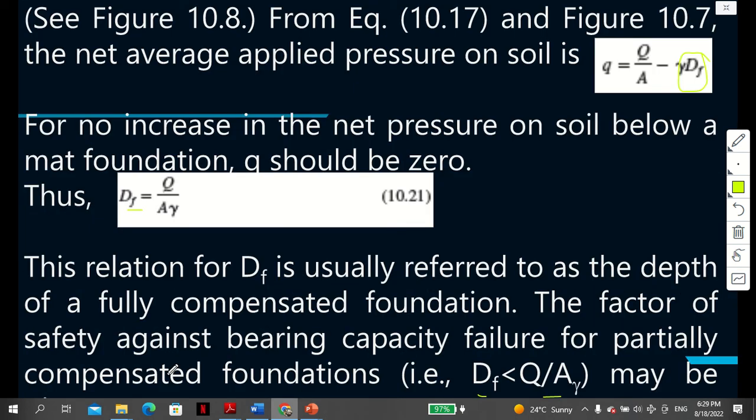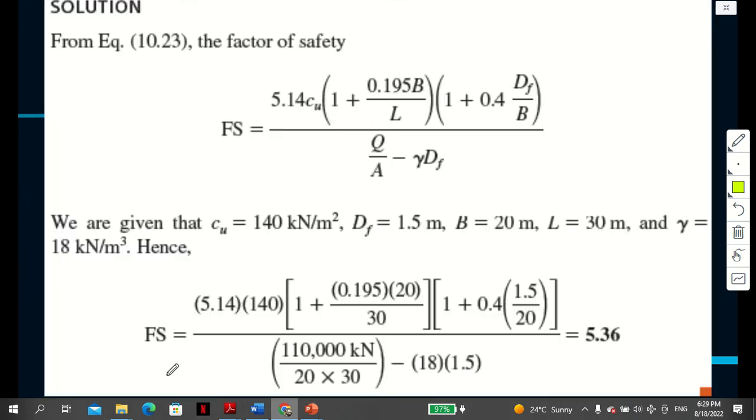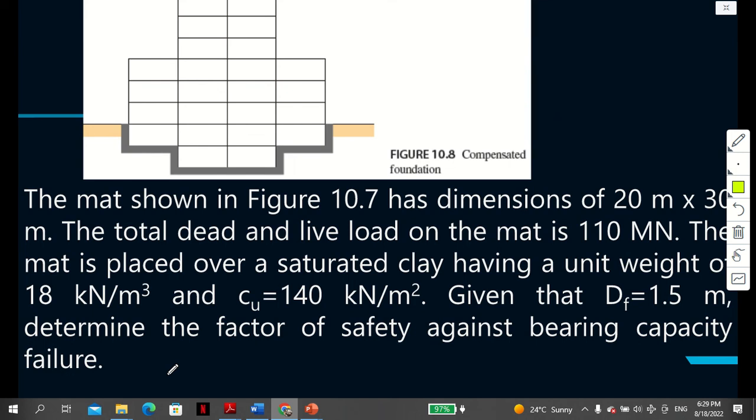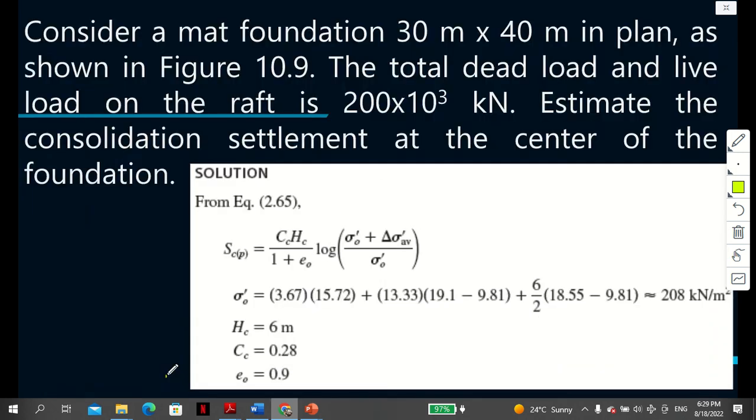So this is one example for you. You consider a mat foundation of 30 by 40 in plan, as shown in figure 10.9. The total dead and live load is 200.